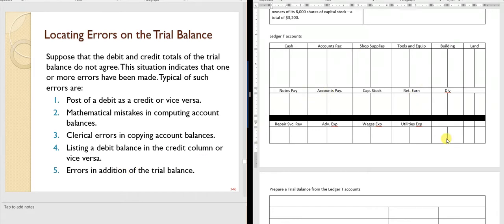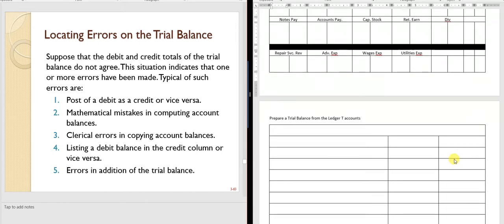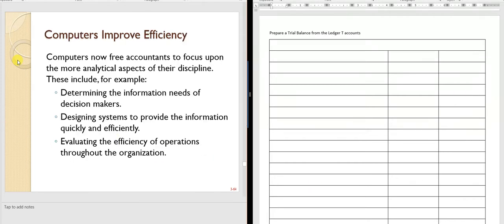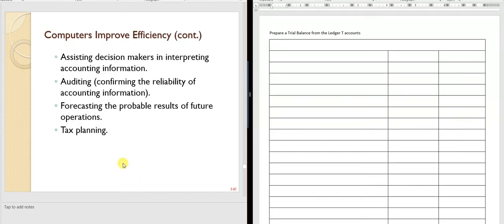If the error is divisible by 9, that could be a transposition, so you record 42 as 24.